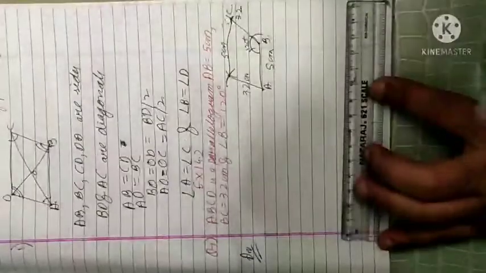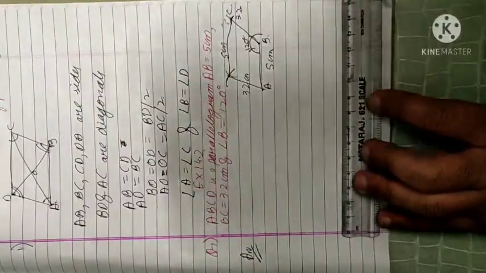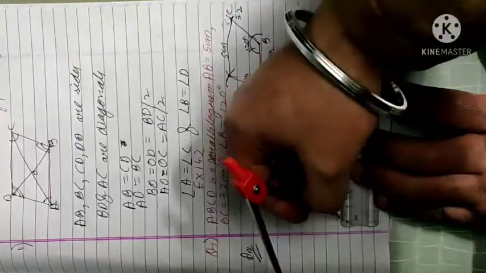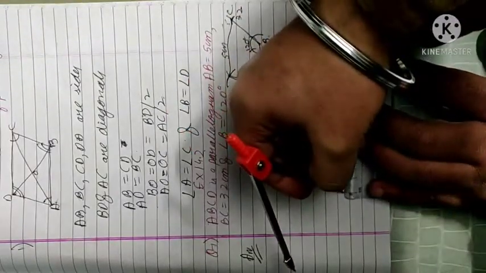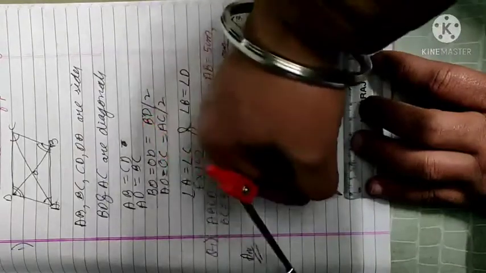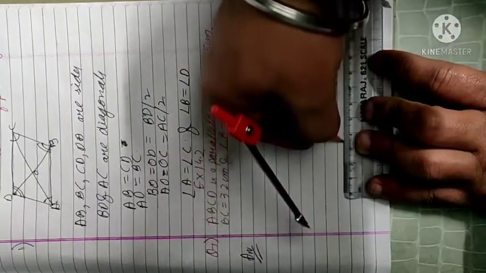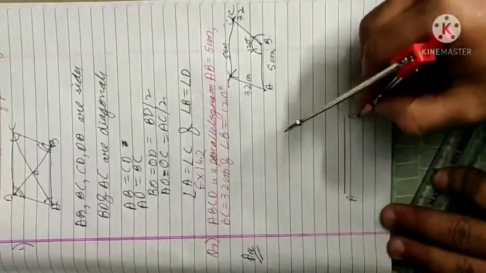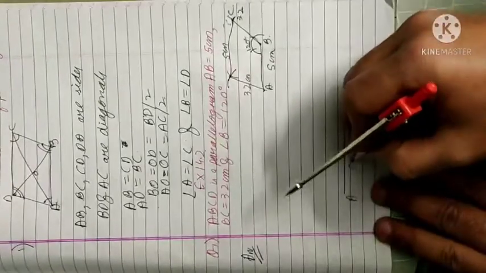We will first draw the base AB as 5 centimeters. This is 0 to 5. This is AB, 5 centimeters.